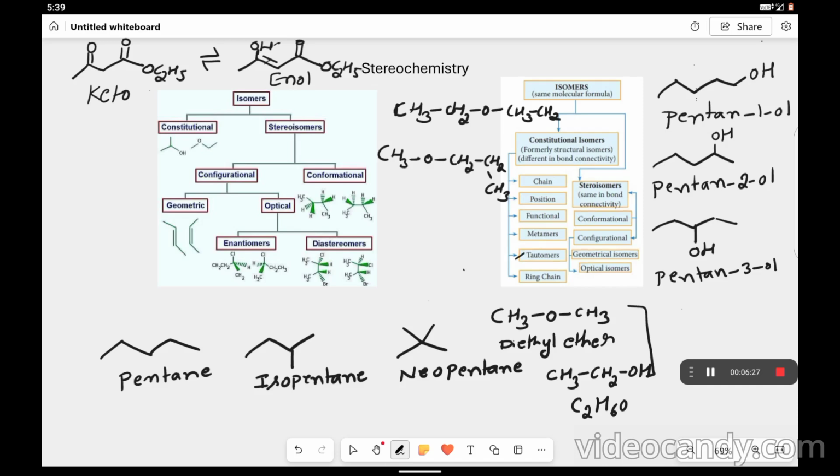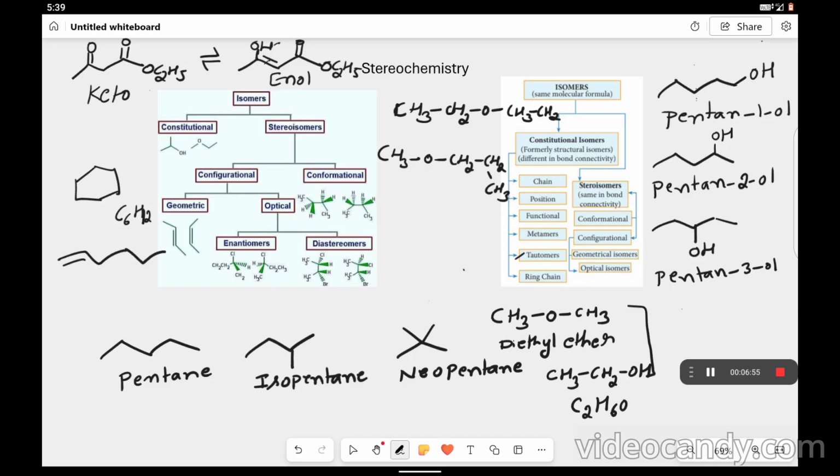The last one is ring chain isomerism. We observe ring chain isomerism in compounds like cyclohexane. The molecular formula of cyclohexane is C6H12. One more compound possible for this molecular formula is 1-hexene.